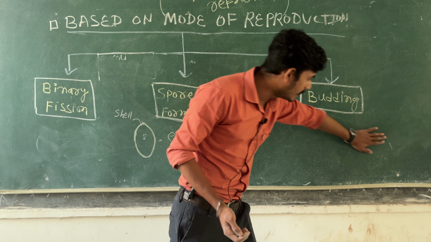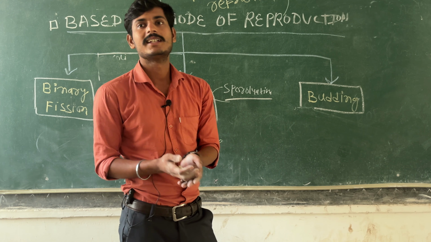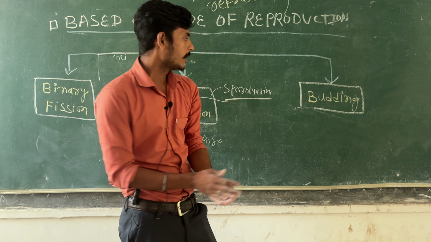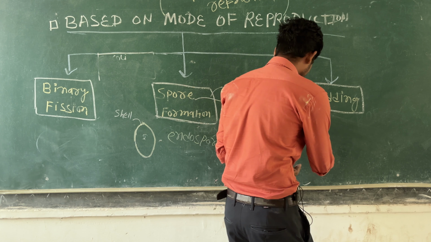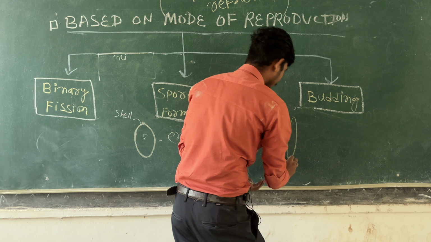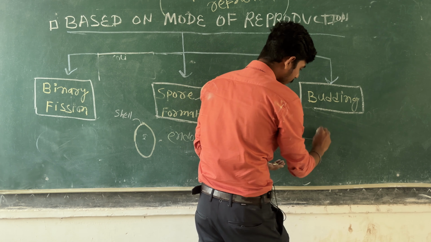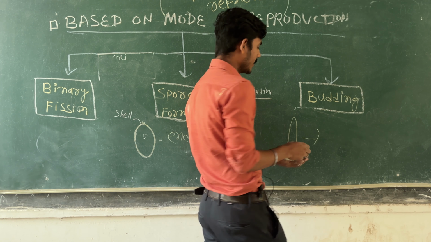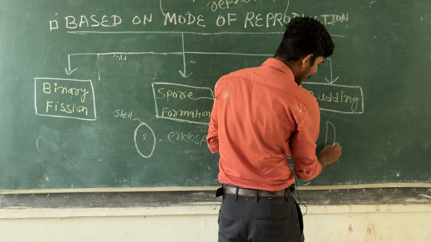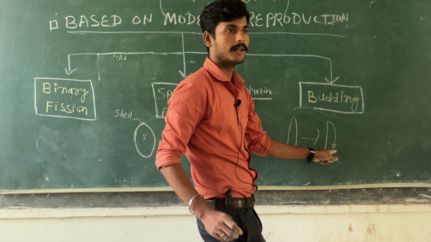Budding is less commonly seen in bacteria. The first point to remember is that budding is less commonly seen in bacteria. Suppose this is a rod-shaped bacilli bacterium. After getting the nutrition, it grows, and one part starts forming. This part is called the bud.